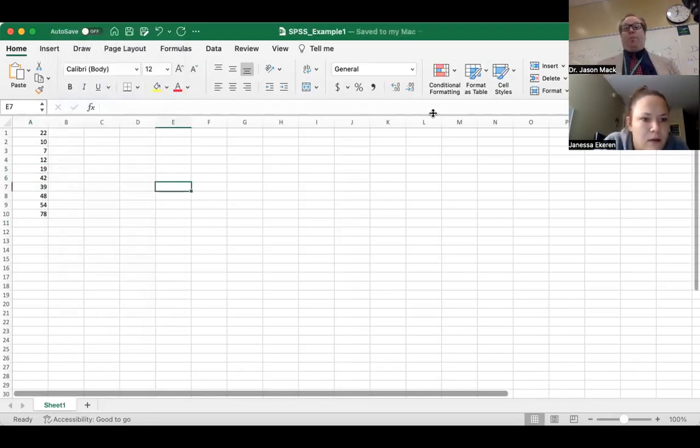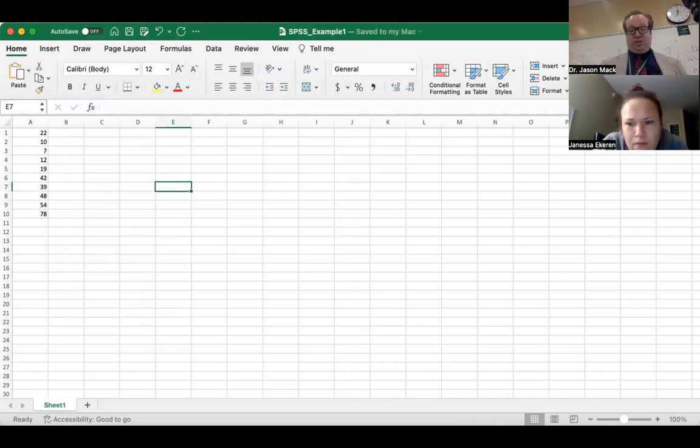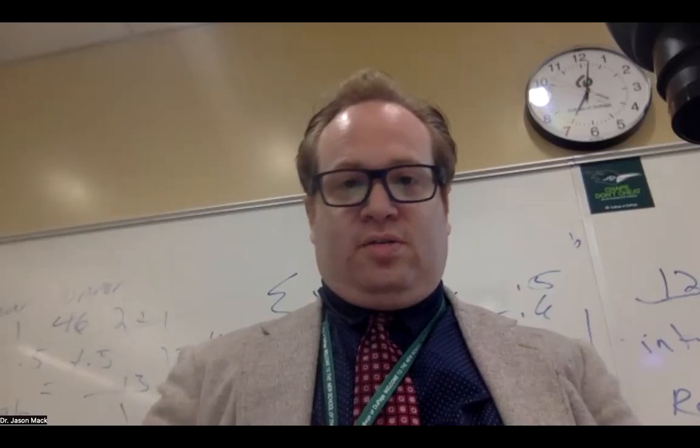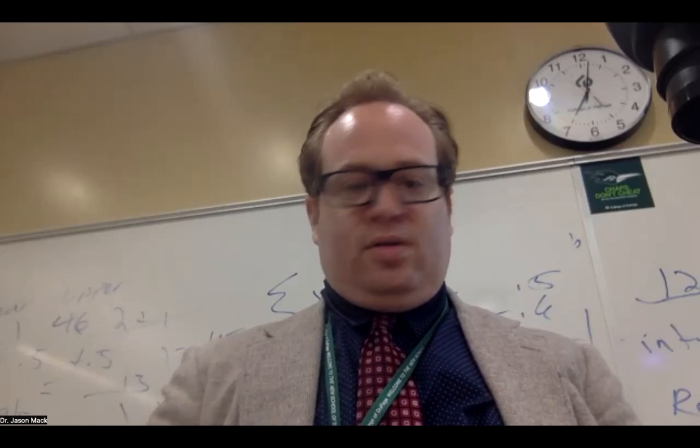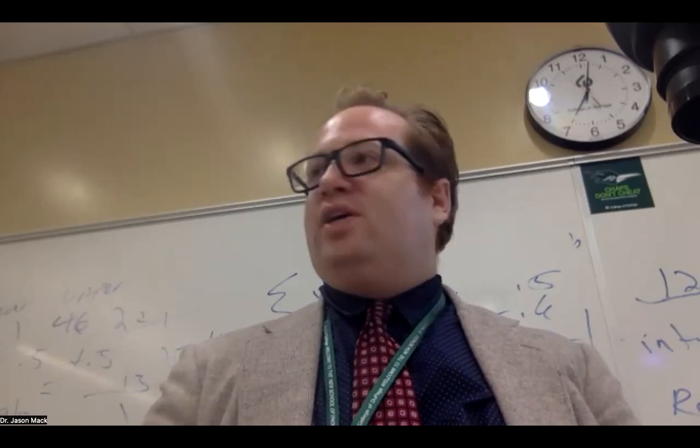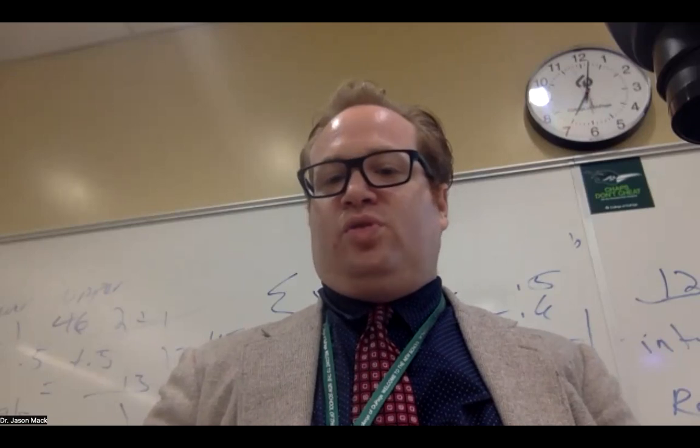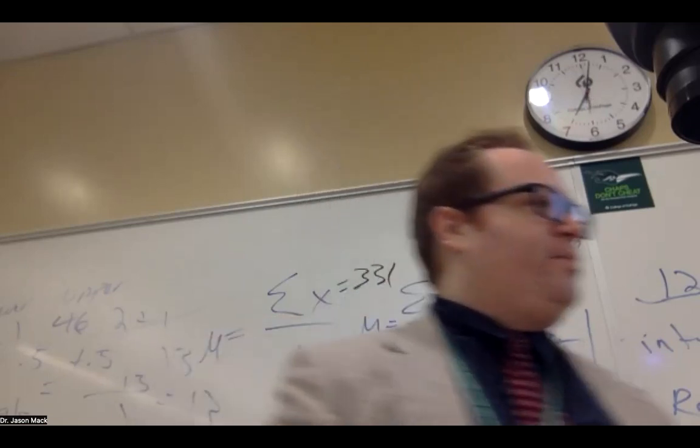And then let's go ahead and open up SPSS. So I need to stop sharing so I can see SPSS. Where do I find SPSS? You should go into your announcements and scroll all the way to the very bottom.